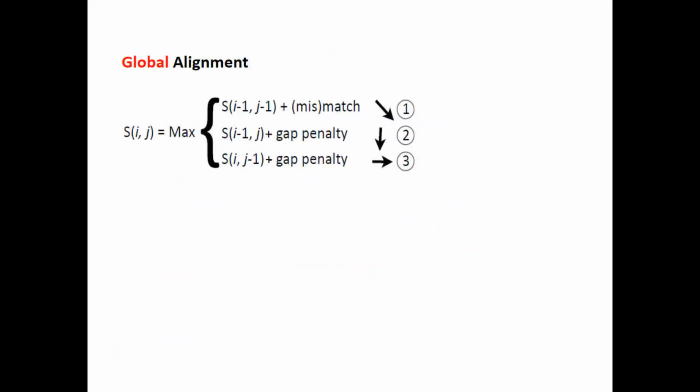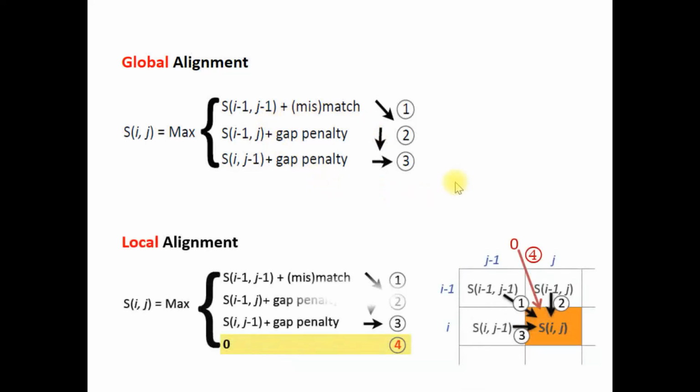Okay, let's look at the algorithm first. This is the algorithm for the global alignment, and the Smith-Waterman local alignment algorithm just adds a 0 to it. That is, at each iteration, a lower limit is added to the alignment score.